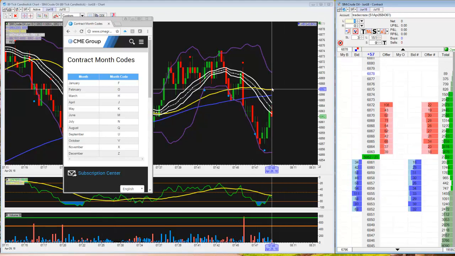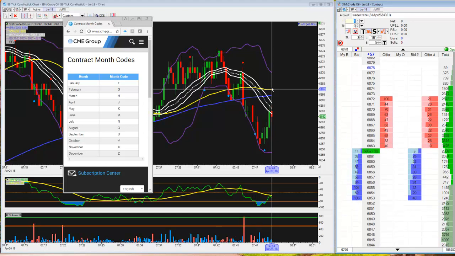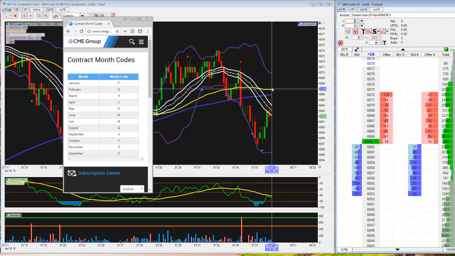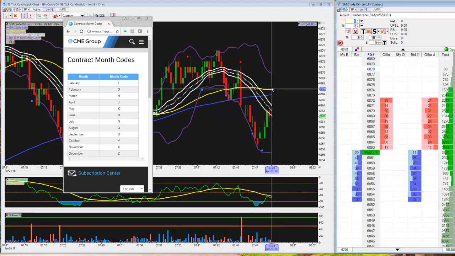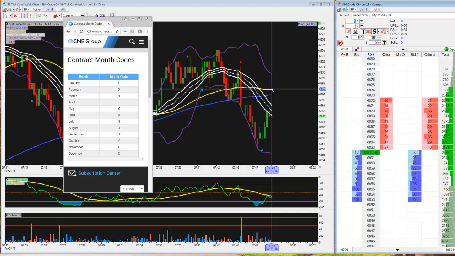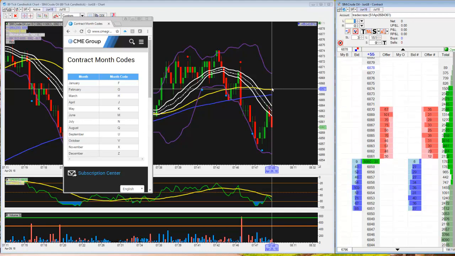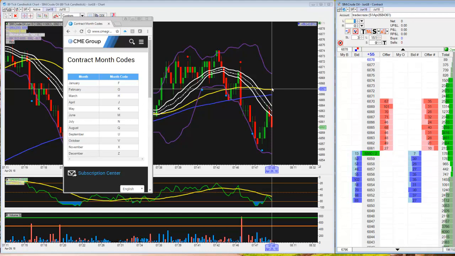If you know your futures contract abbreviation, in this case crude oil is CL, and you know the year that you're trading in, I think I might have said 9, it should be 8. So 8 is 2018, and that stays the same for the year.